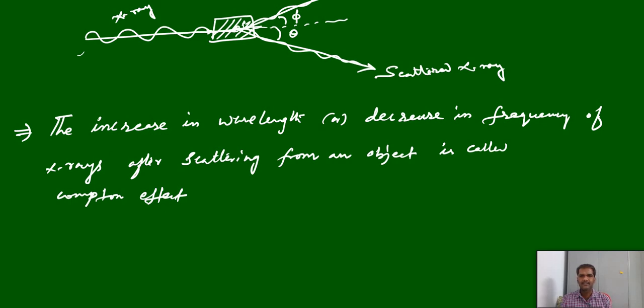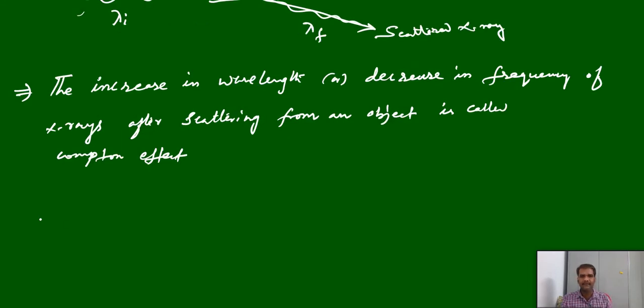And for this, let us assume the incident X-ray's wavelength is lambda i, the initial wavelength, and the scattered wavelength is the final wavelength, lambda f. Then the change in wavelength, delta lambda, is equal to the final wavelength minus the initial wavelength. Anyhow, the final wavelength is more because the frequency is less.